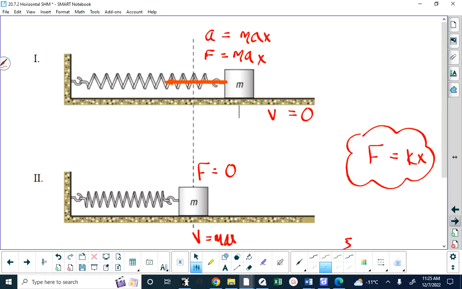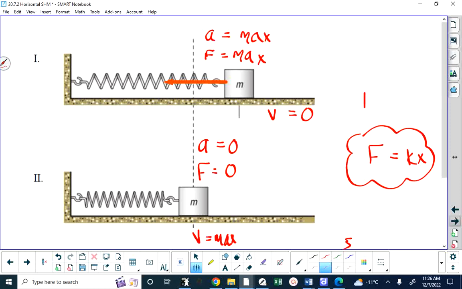Over here, even though you're moving as fast as possible in the middle, you're not accelerating at all in the middle, because the net force is zero. You're moving really, really fast, you're just not changing your velocity at that instant.